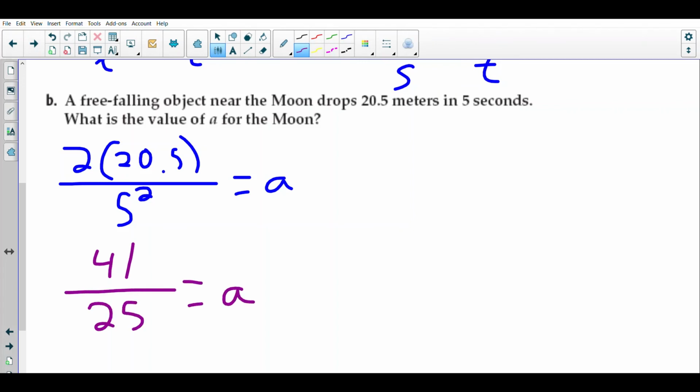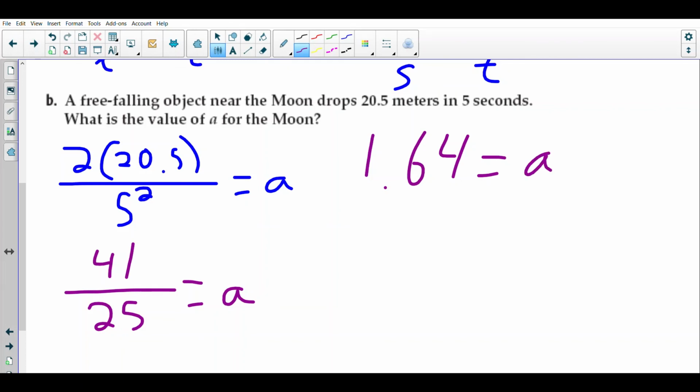And 41 over 25 is 1.64. So we get 1.64 is equal to a.